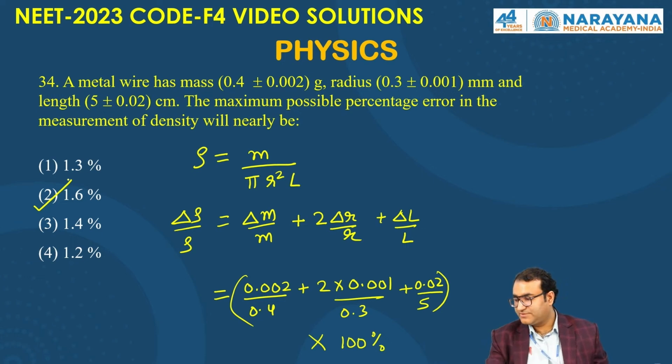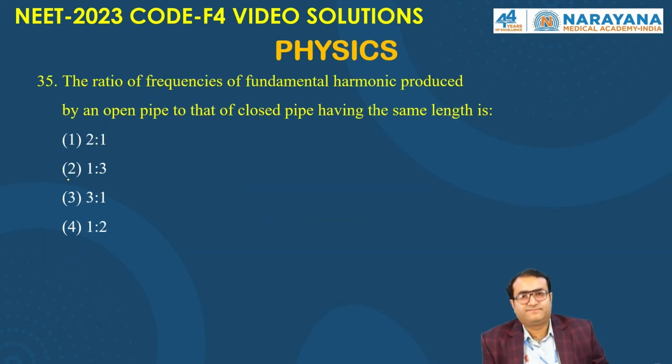I'm moving to question number 35. Question number 35, ratio of frequencies of fundamental harmonic produced by an open pipe to that of a closed pipe of the same length.